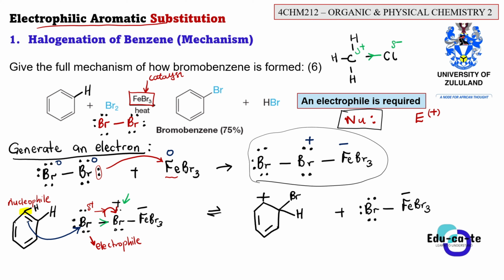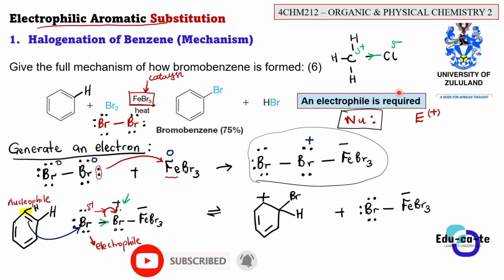So it had 4 bonds around it. It was perfectly neutral. But now we broke the bond between these 2 carbons and gave the electrons to this bromine. It means that this carbon will be left with a positive formal charge, because a carbon must always have 4 bonds surrounding it. You know that from high school level.